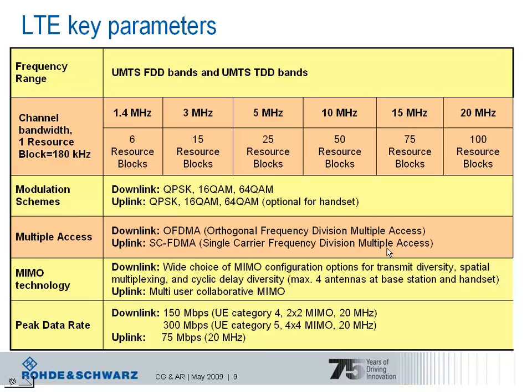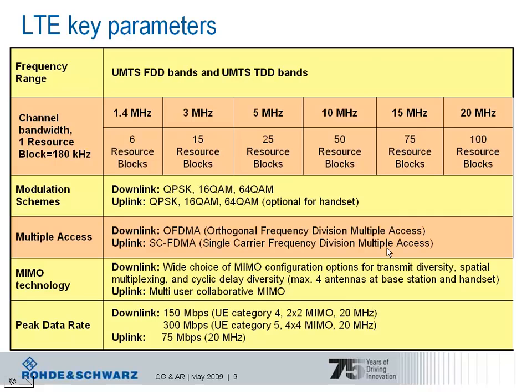MIMO, multiple input, multiple output antenna technology, is very essential for LTE in order to support the high data rate and throughput requirements. In downlink, a wide choice of MIMO configurations is possible for LTE, and different MIMO modes are supported.